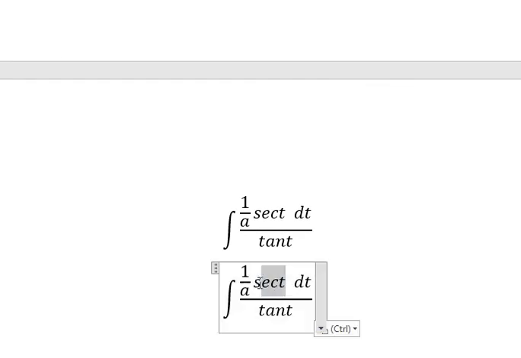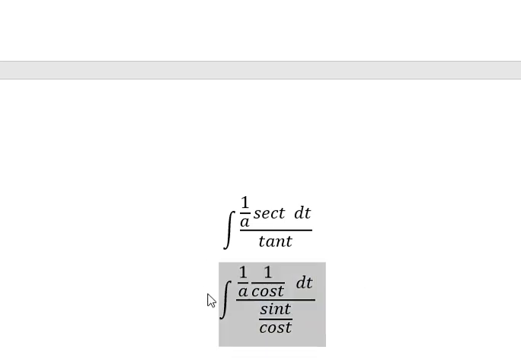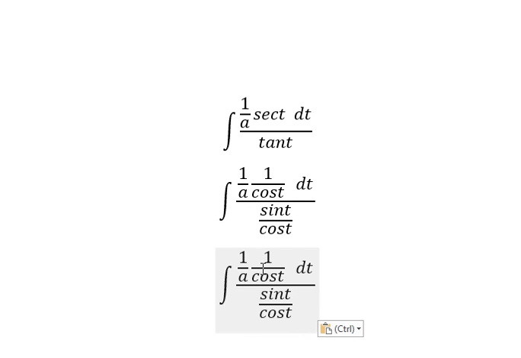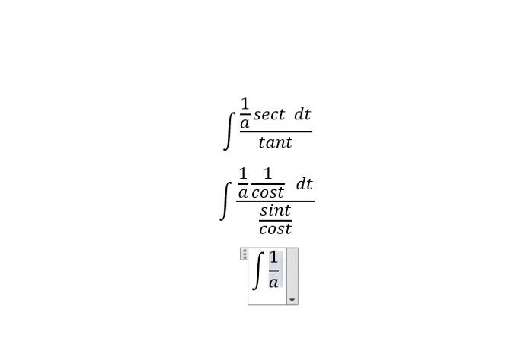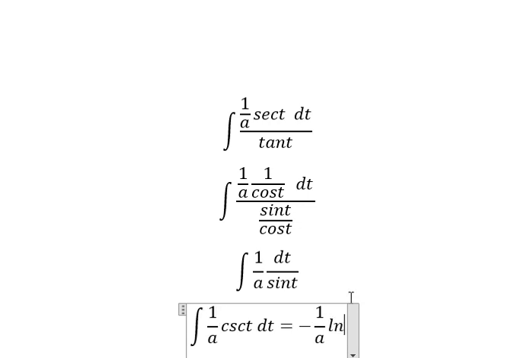Secant of t we change for 1 over cosine t. Tan t we change for sine t over cosine t. Now we simplify cosine t and cosine t, and this one we change for cosecant of t dt. And we get the final answer.